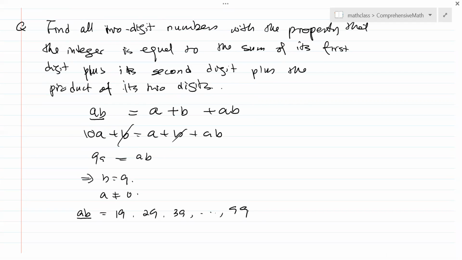It's a necessary condition, B must be 9. Then you solve the problem. You see, in many cases, we express the two-digit number in the form like 10A plus B. Got it?